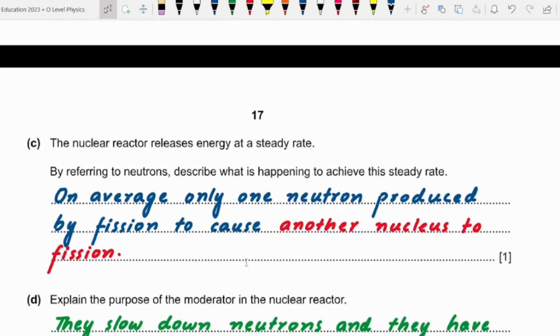Then you have the other one, part C. The nuclear reaction releases energy at a steady state. I was saying it is a chain process, so the energy increases exponentially. Just for the sake of understanding, let's say for the first reaction the energy was 1 joule.